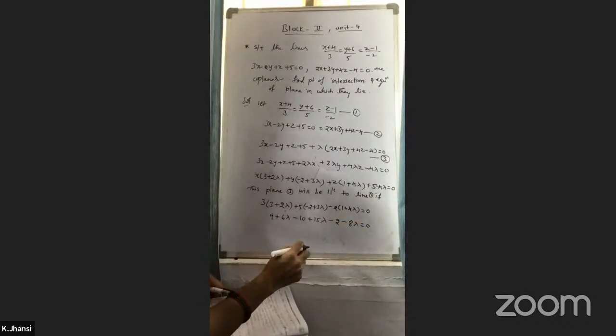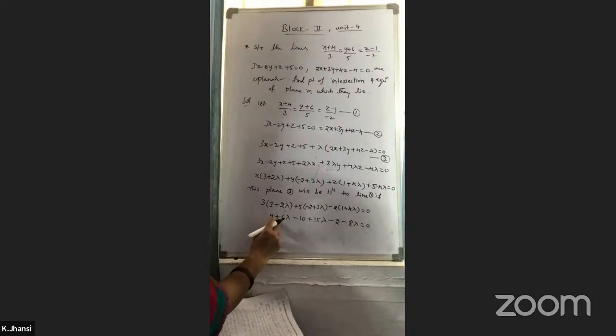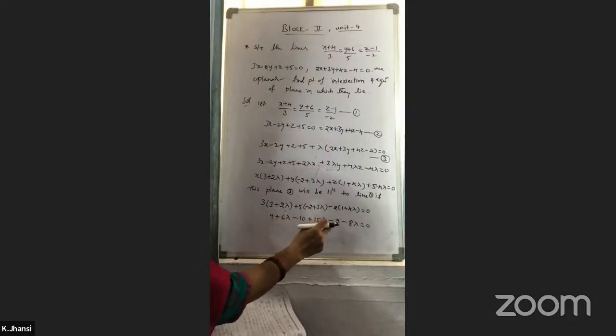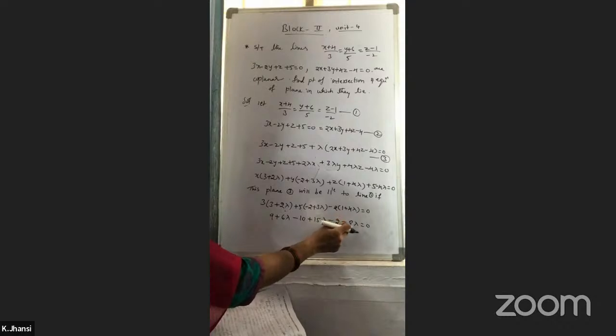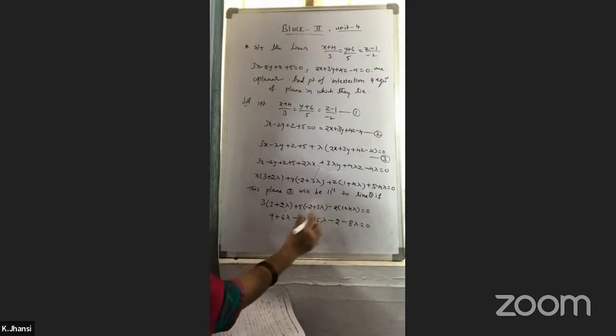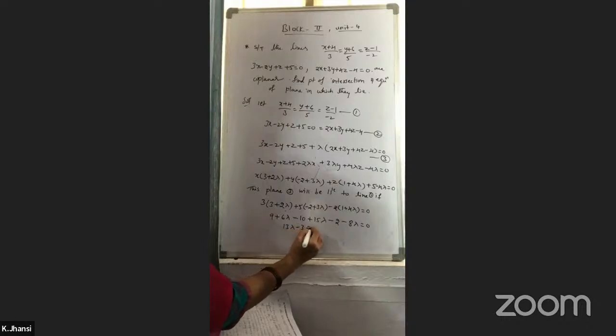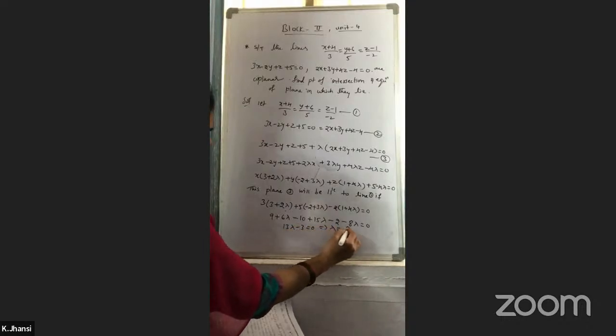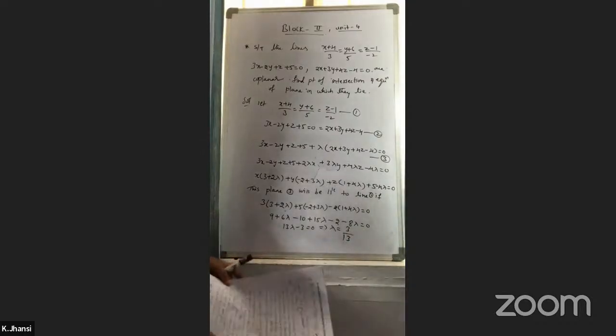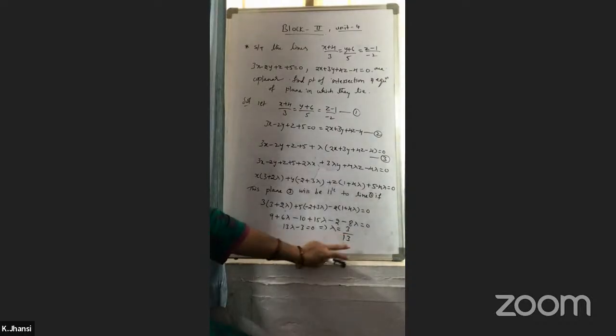Okay, now lambda terms: 6 + 15 - 8 is 13 lambda. And constants: 9 - 10 - 2 is -3. So lambda is equal to 3/13. Okay, so now we got the lambda value as 3/13.